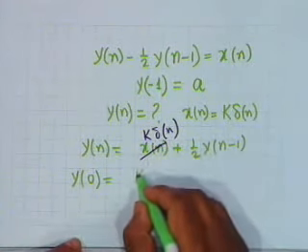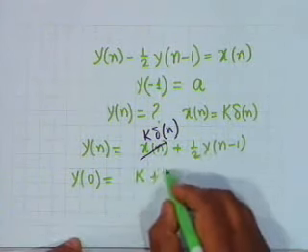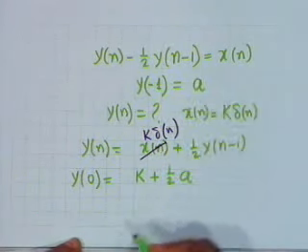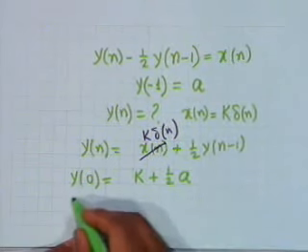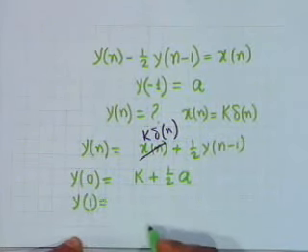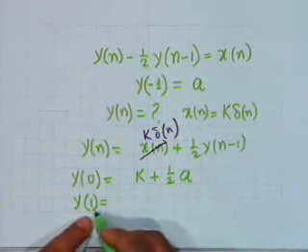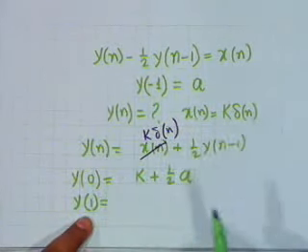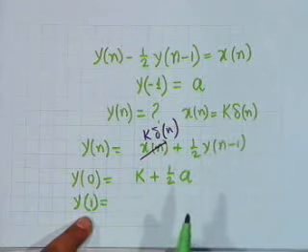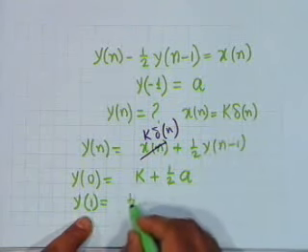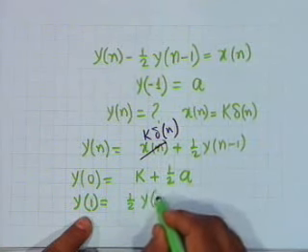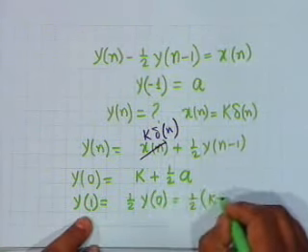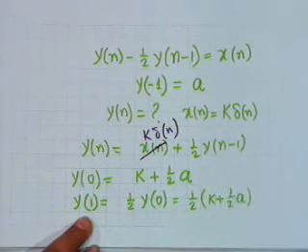So at n equal to 0 the value is k plus half y of minus 1, and y of minus 1 is a, that is given, so half a. Next we find y of 1. In computing y of 1, when n is equal to 1, the k delta n term drops out because delta n exists only at n equal to 0, and therefore y of 1 is half of y of 0, that is half k plus half a.